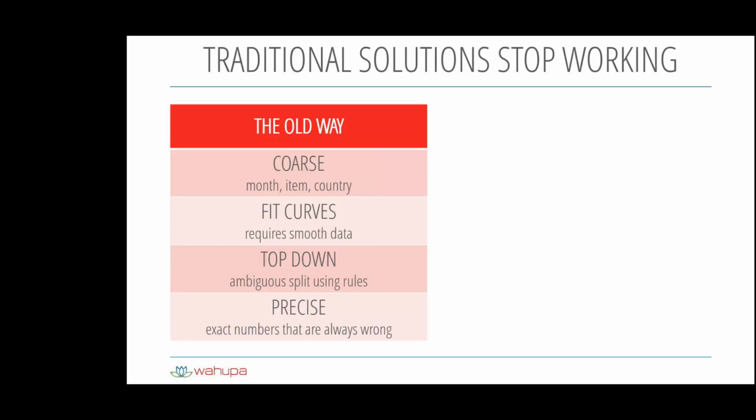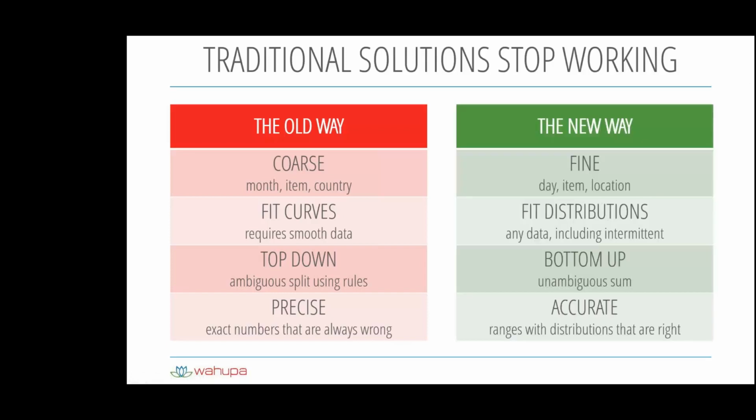Some typical numbers that we've seen here is where maybe an accuracy of 80% at a high level turns to an accuracy of 20–25% once you split it down. So it's a tremendous loss of accuracy. And then at that bottom level where we're actually using the numbers, we're giving them as exact numbers, which is very precise. And everyone will be readily admitting that those numbers are typically wrong.